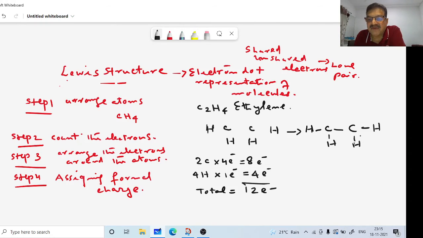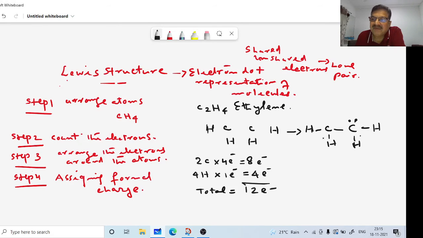We know carbon should have 4 bonds. The number of electrons is only 10. Therefore, we have to put a non-bonding pair of electrons over this carbon or that carbon; it doesn't make any difference.